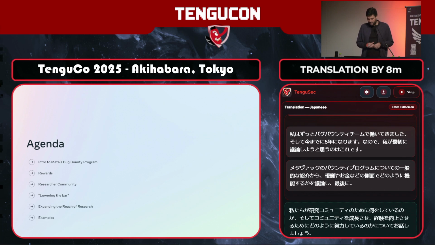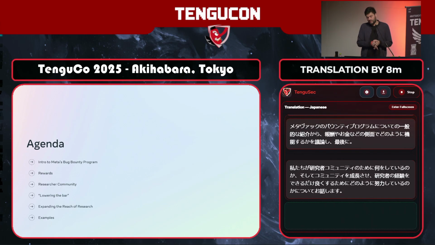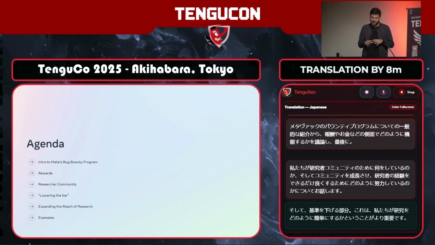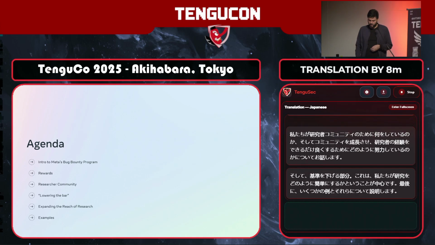And then the lowering the bar part, which is about how we make research easy, and finally some examples and clear things that we do to make research reach all the different parts of the scope.